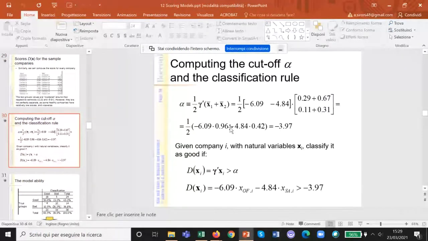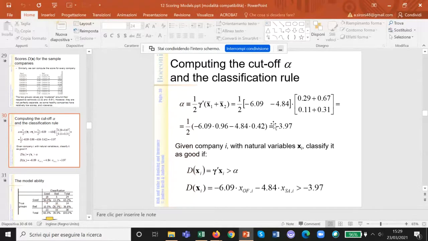Now, we can then compute the cutoff point as the midpoint between the two centroids. So we take the two centroids by applying the scoring model to the mean values of the variables of the two subsamples, and we get that the cutoff point is minus 3.97, okay?